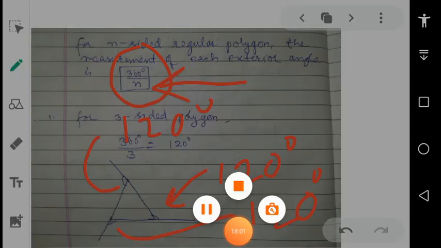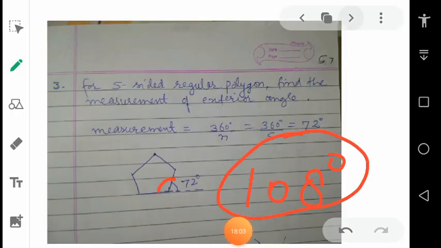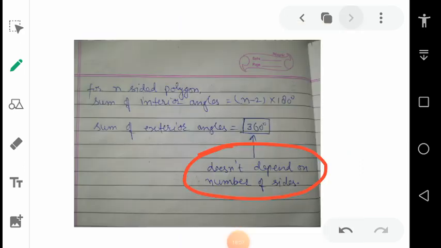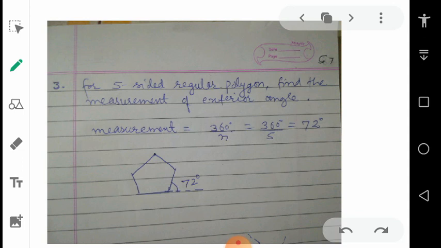Now see this one, a 5-sided regular polygon, find the measurement of the exterior angle. Again 360 degrees is divided by n. n is the number of sides. Okay, don't get confused, remember n is the number of sides and you should know how many sides are there in the given figure.